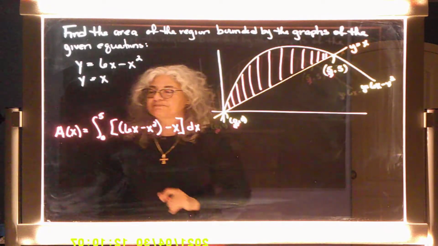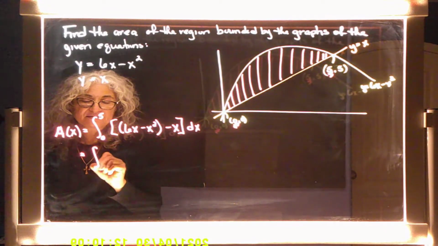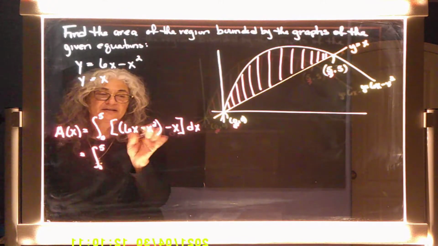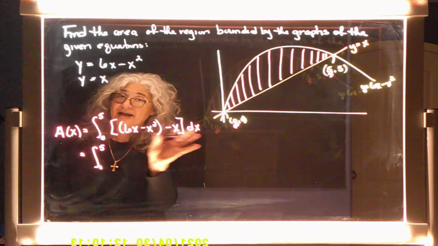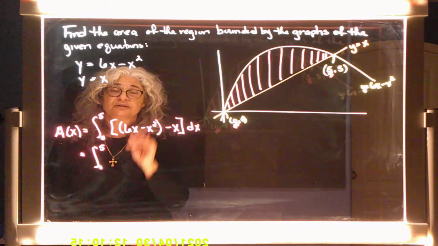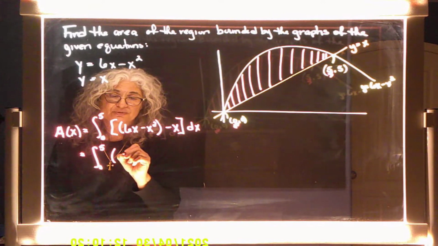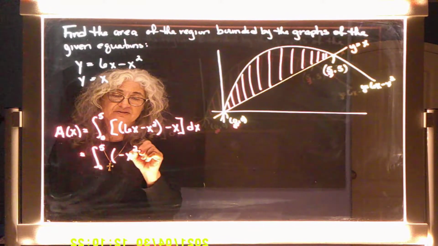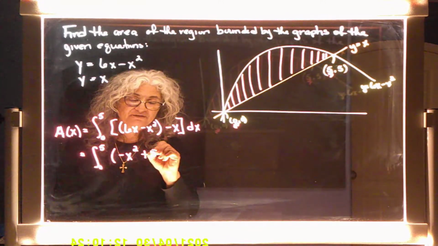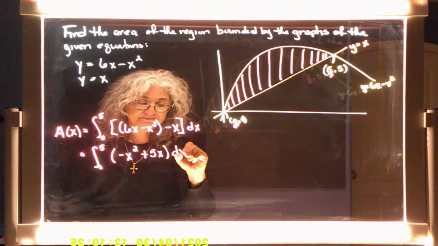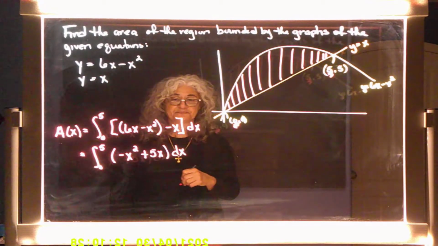All right, just checking. So when I simplify the subtraction of the two functions, I end up with, and I'm just going to write it in descending order, we end up with a negative x squared plus 5x, don't we? Right?